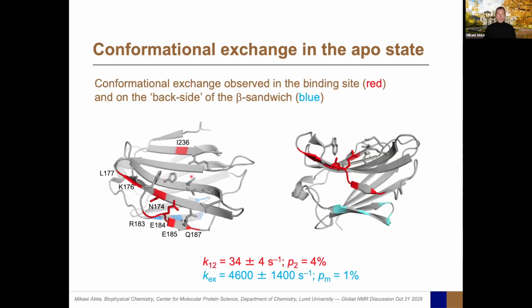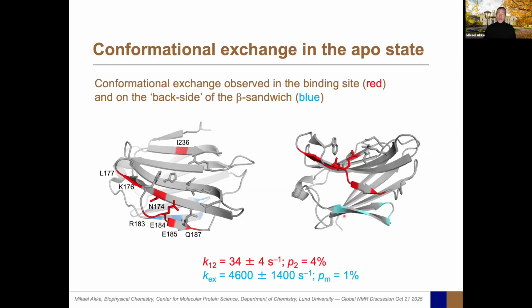They're rotated 90 degrees along the horizontal axis in the plane of the paper. And you see two classes of residues, red, and they are all on the top sheet here where the ligand binding site is. And then we have blue, and they're on the back side of the beta clam structure.